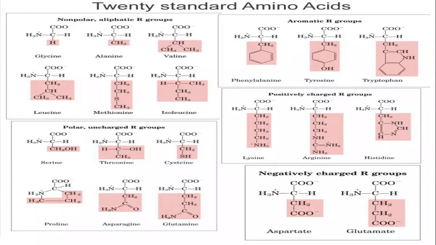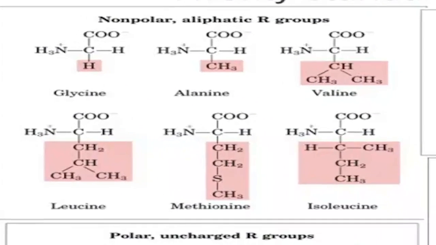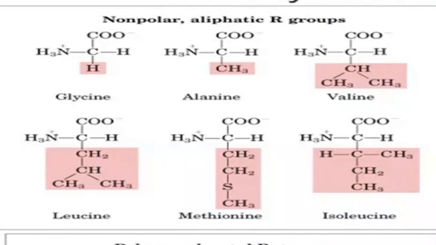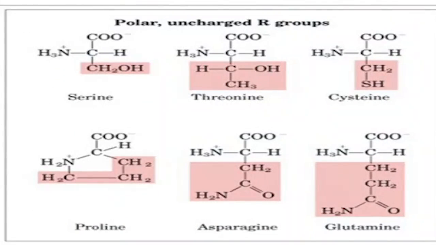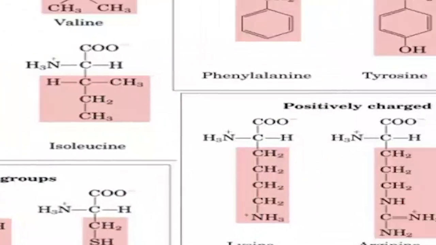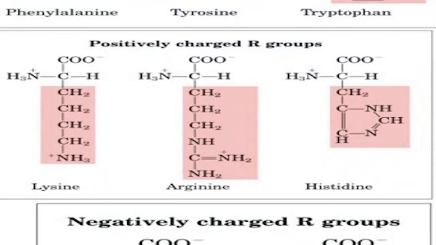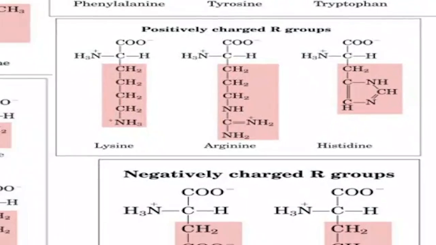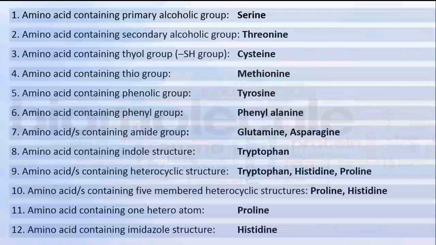They can be grouped based on the R group, the general group that differentiates various amino acids: non-polar aliphatic R groups, polar uncharged R groups, aromatic R groups, positively charged R groups, negatively charged R groups.